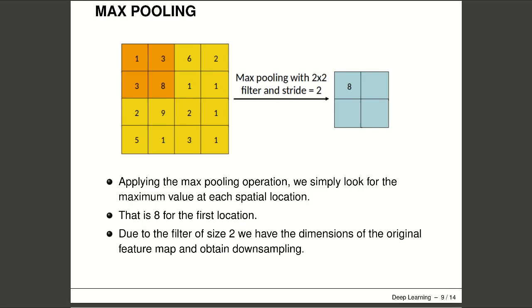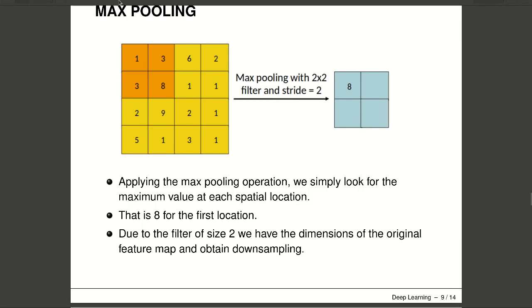It's also important to know that, unlike the cross-correlation computation of the inputs and kernels in the convolutional layer, the pooling layer contains no parameters. There is no kernel here. Instead, pooling operators are deterministic. For example, we calculate the average or the maximum of the elements of each window.